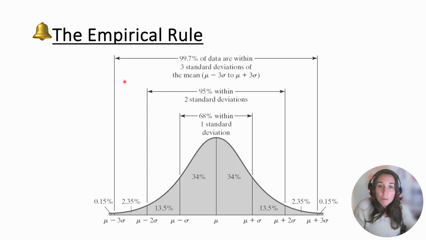And then if we go out 3, we've got 99.7% of our data. And remember, anything outside these 2 standard deviations is considered unusual, all right? So keep this visual in your brain as you work through, to give you an idea of where your data points are lying, how far away from the mean they are, and whether they're unusual or not.